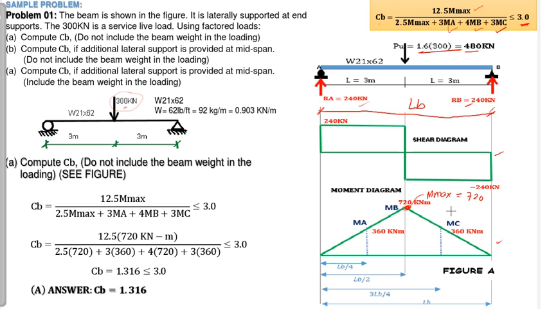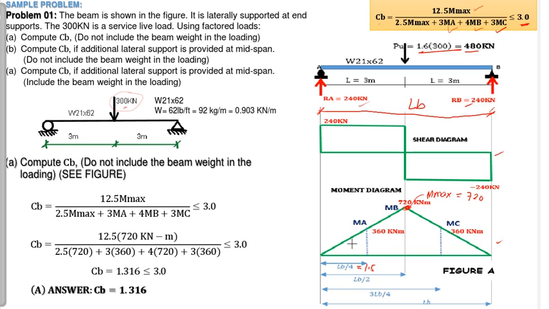Sabi natin, yung MA is the quarter point of LB. That is, yung LB over 4. So, yung length natin dito is 6 divided by 4. Ilan yun? 6 divided by 4, that is 1.5. So, pag length natin is 1.5, ano yung MA natin?